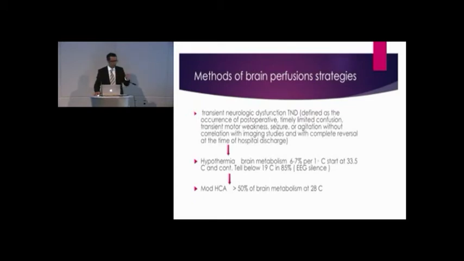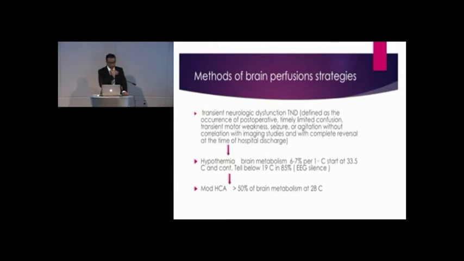It's not all the way to 0, because Nicole also showed that at 15 degrees, there is still 15% of some sort of metabolic activity. So usually this is started at 33.5 degrees and continues below 19. If you continue below 19, 85% of your patients are going to have EEG silence.